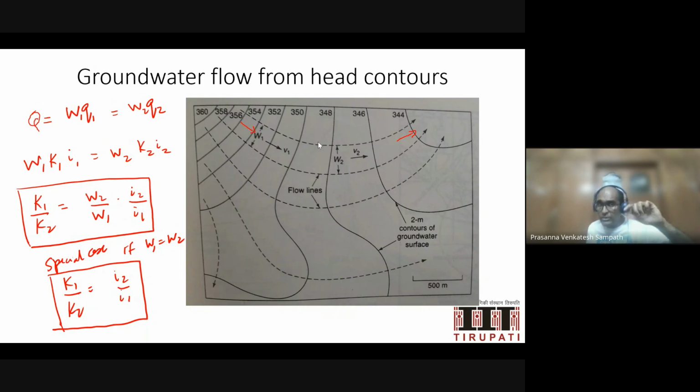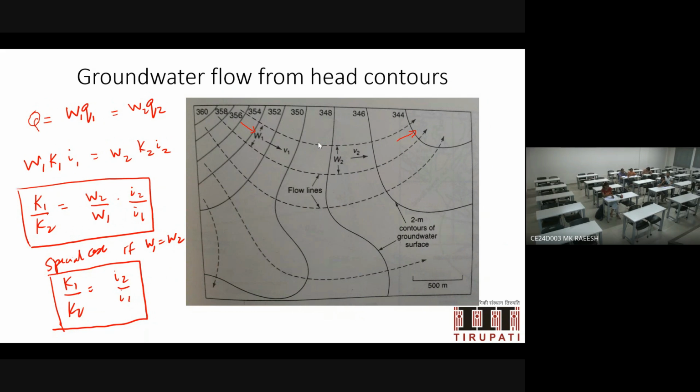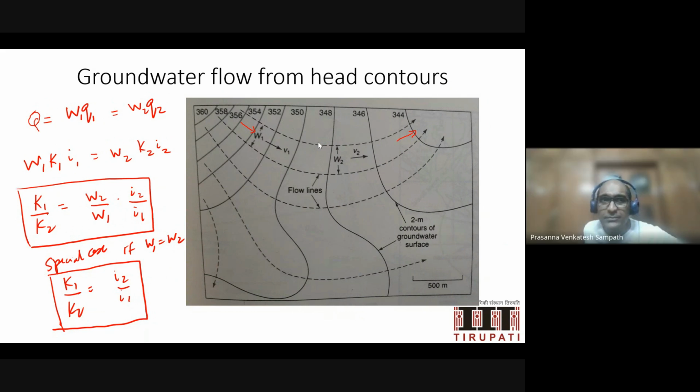Which means, which is greater, K1 or K2? If you put up your right hand, it means K1 is greater. If you put up your left hand, that means K2 is greater. I can't see everybody, but I can see 4 people.